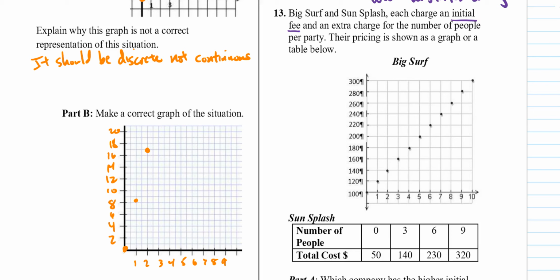And we can see from the graph that Big Surf starts at 100. So Big Surf, the fee is $100, and it looks like for every person, so one person, they pay $120. So the extra charge is $20 per person.